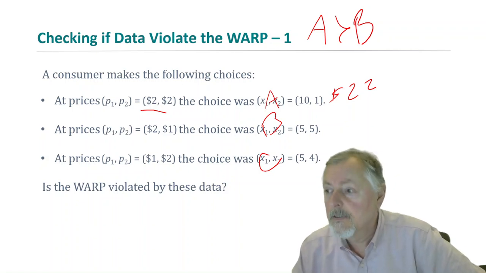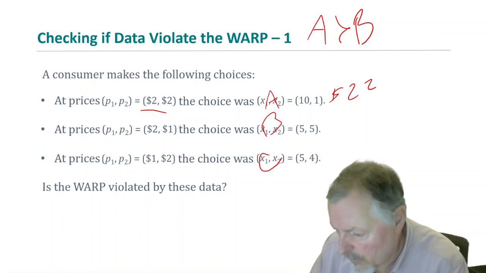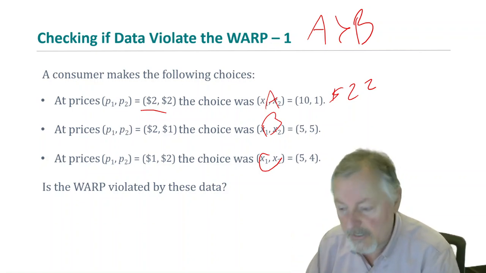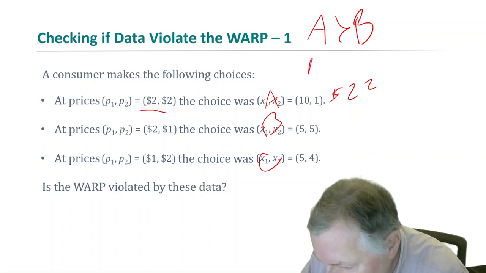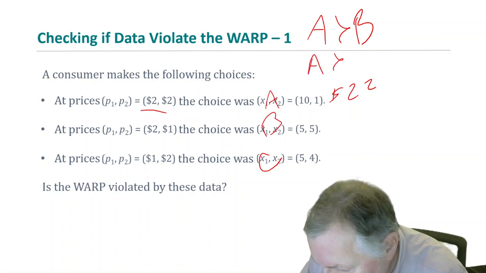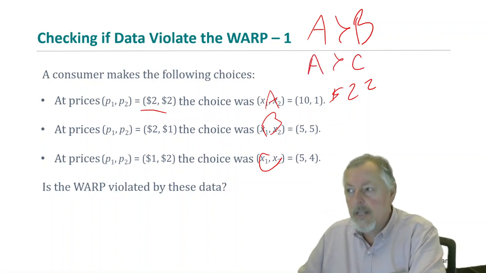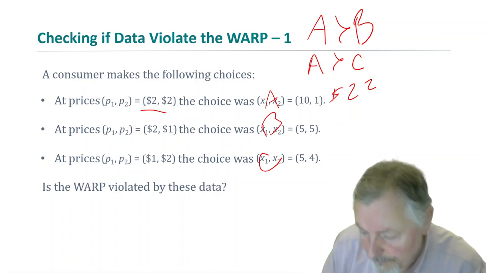So yes, you could have afforded it. So we also know you have now directly revealed 2 things. You like A better than B, and you like A better than C.